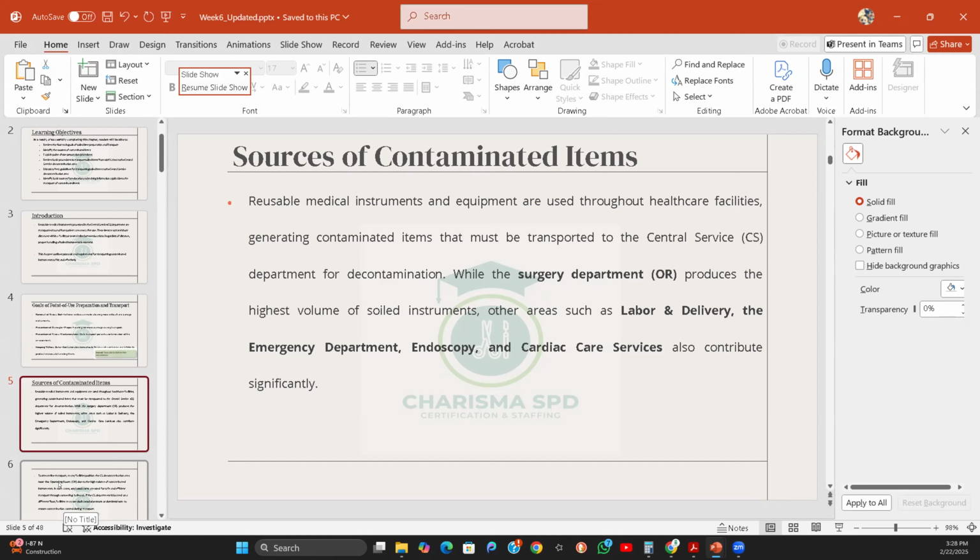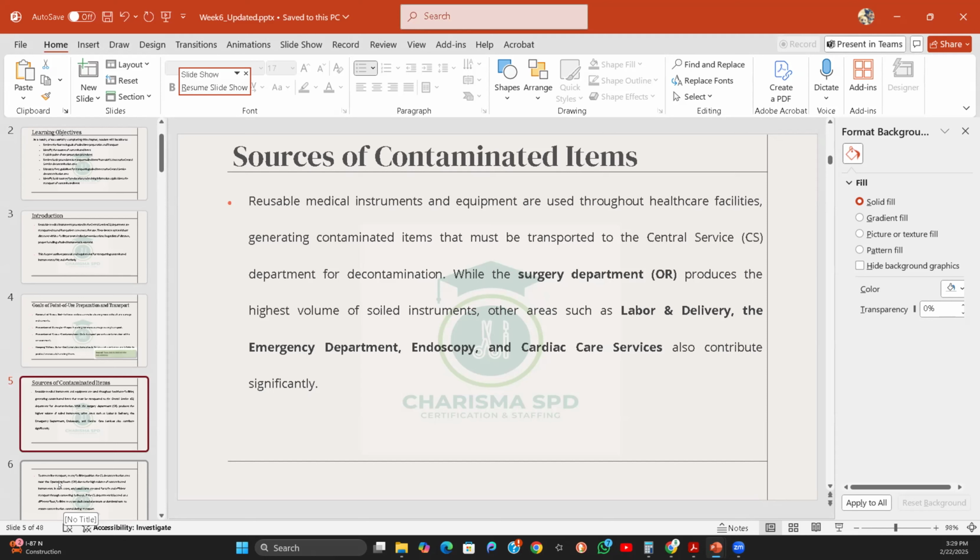An instrument that they work with, as usual, becomes dirty and needs to come back to Central Sterile Processing to be processed. You also have the emergency room department, which also supplies contaminated items.